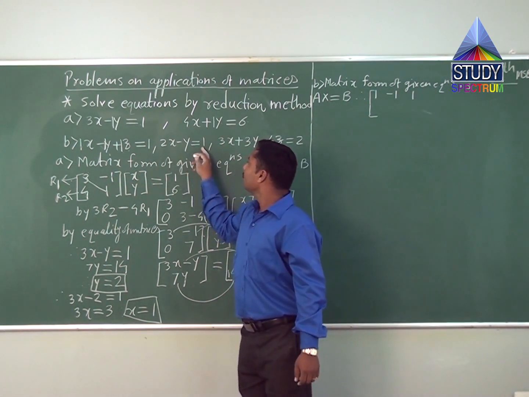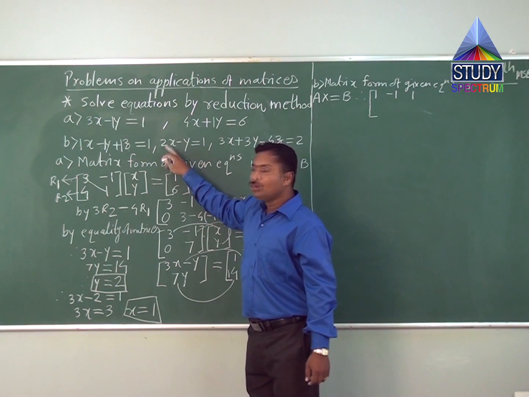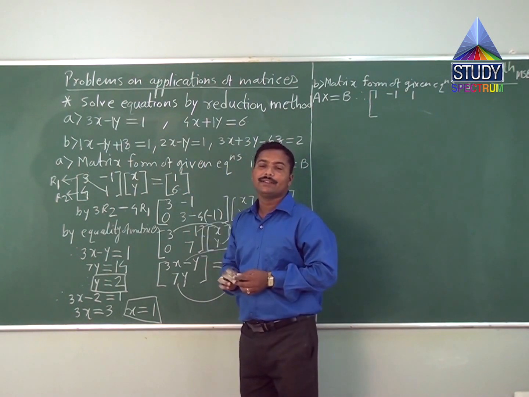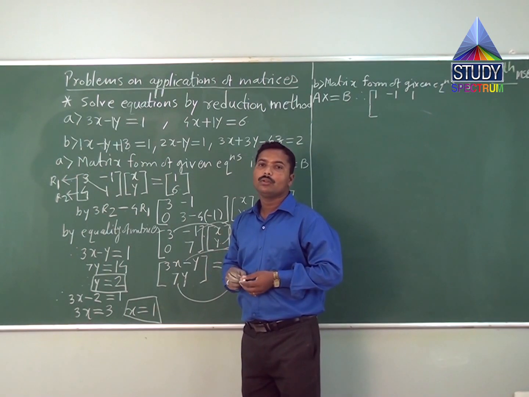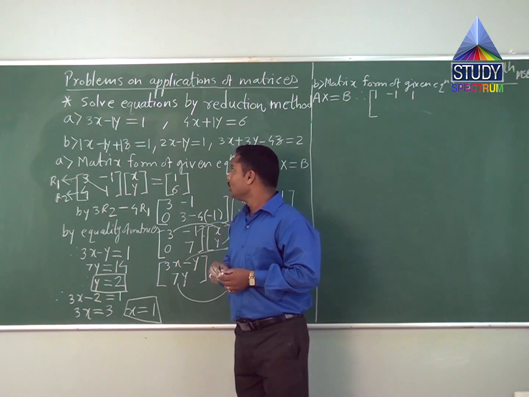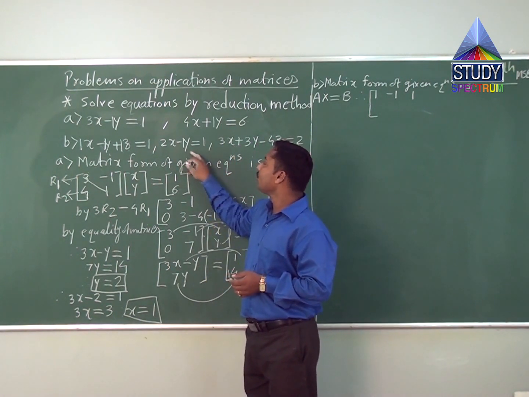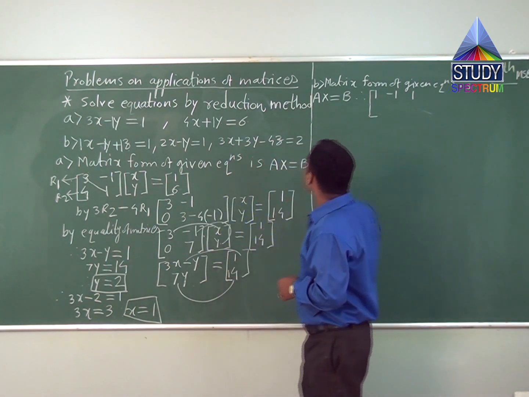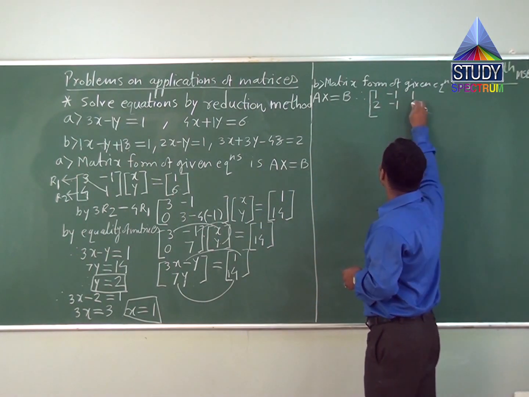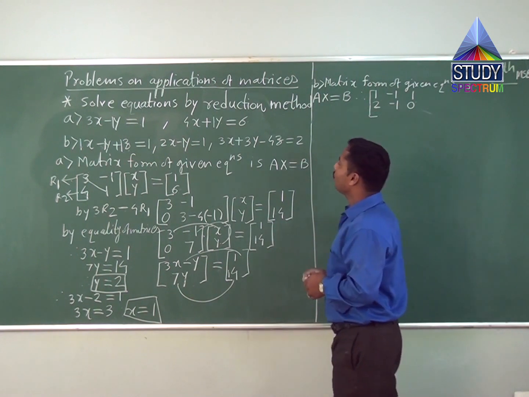Second row: here is 2, -1, but there is no term in z, so we take 0z, which means 0 is the coefficient. So 2, -1 and 0.